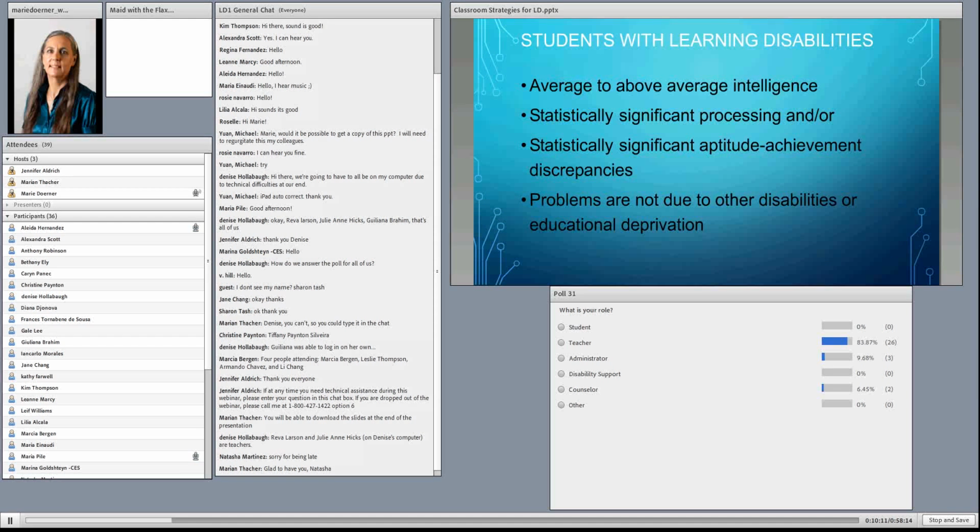So you might have someone who verbally can talk to you and it sounds like they're just a normal everyday person, but then when you get them to write or organize or do math, it's like you've got a new person because they have a weakness in the writing or the math.